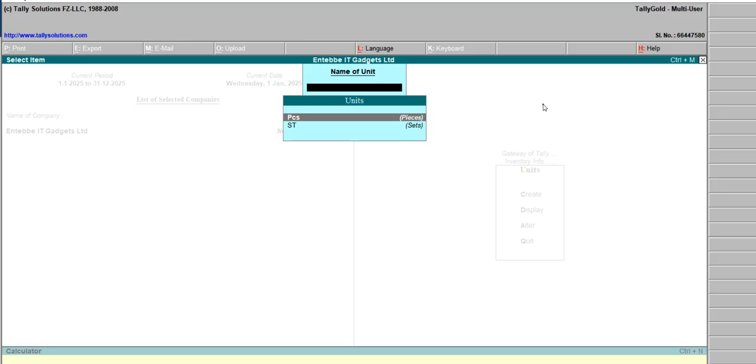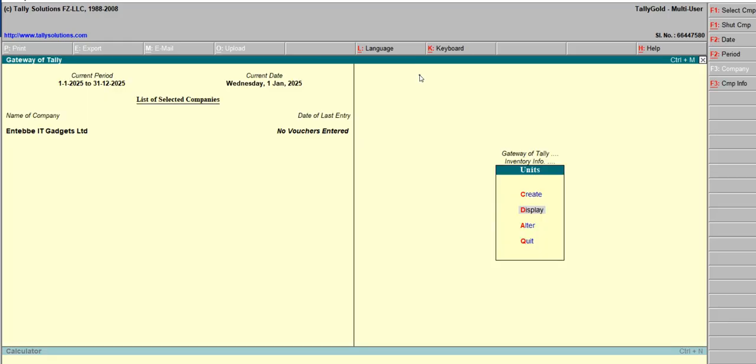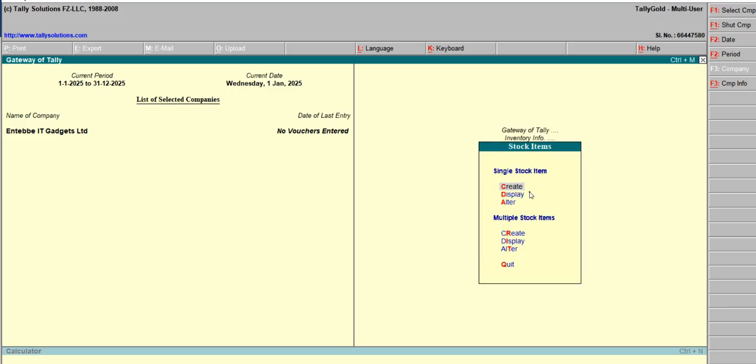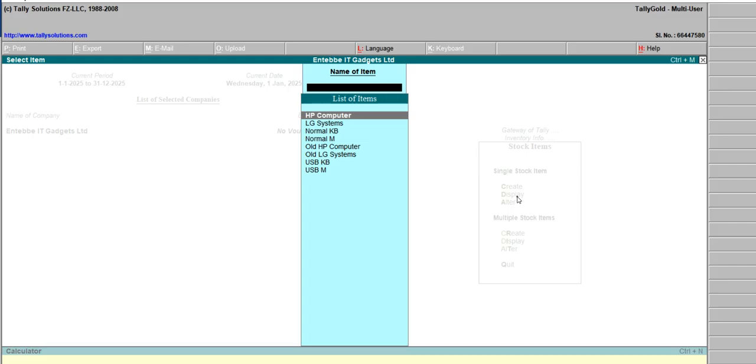For the stock items, that is the heart of inventory, of course, and they are always created and linked to their respective groups and units, setting the stage for all future transactions. As we have seen, we have our stock items here. We have HP, the LG systems, normal keyboards, and so on. So that's it.